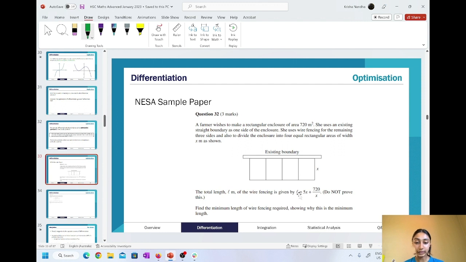We're given the total length of wire fencing, and we need to find the minimum length of wire required, showing why it's a minimum length. Okay, I'm going to give everyone 5 minutes to try this on their own first. It's not a Slido question, but I do want you to just take a while to think about this. Yeah, so 44 past, we'll go through it properly.